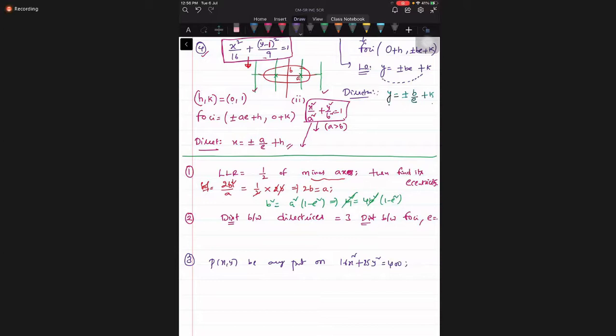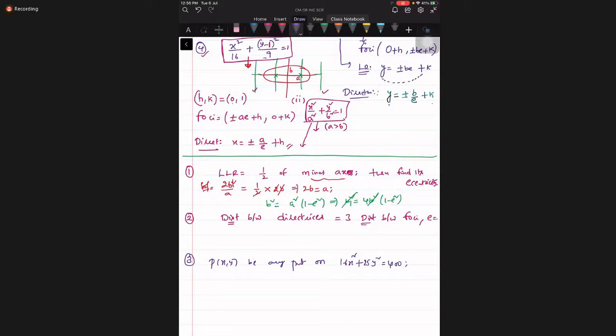Sir, e is 1 by root 3. 1 by root 3. Correct.